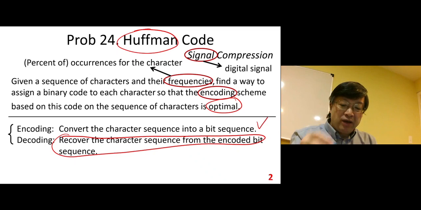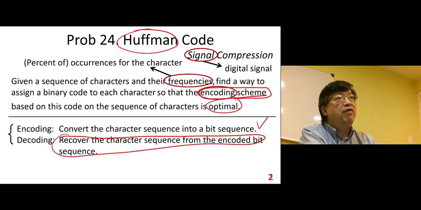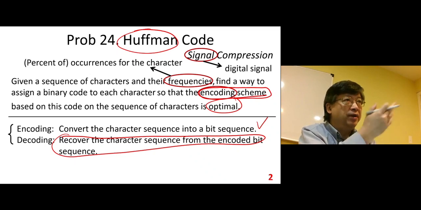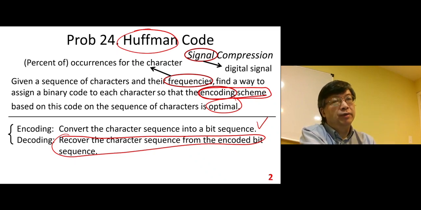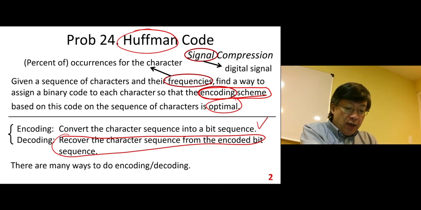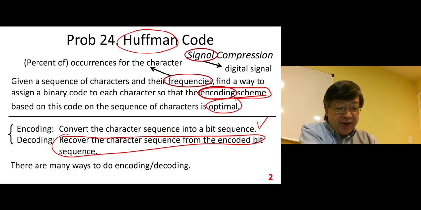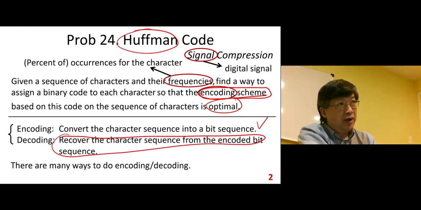How do we define that encoding scheme? That is hard. If we solve that problem, the remaining part is straightforward. There are many ways to do encoding and decoding.